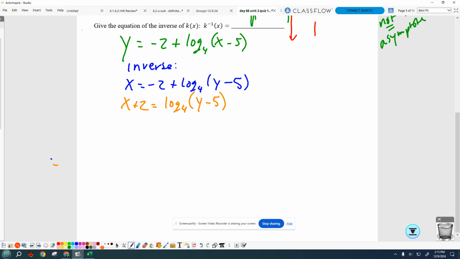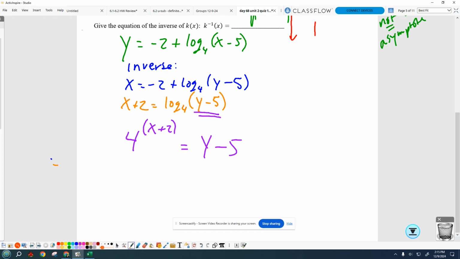Can I add the 5, divide by the 4? No? How do I get that out? I have to convert it. How does it convert? 4 to that crazy big chunky business equals other crazy big chunky business.